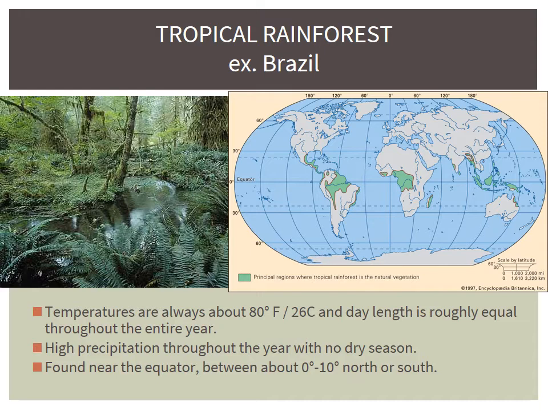Because of this high amount of precipitation and very warm conditions, this may be where human life originated. We don't know for sure, but we do know for sure that these are very biodiverse regions. So it's found roughly between 0 and 10 degrees north or south.